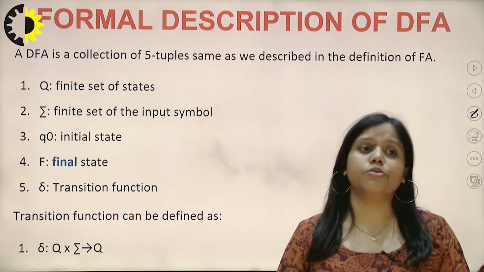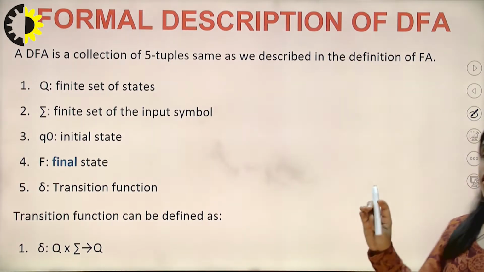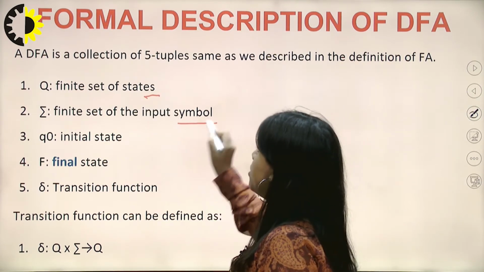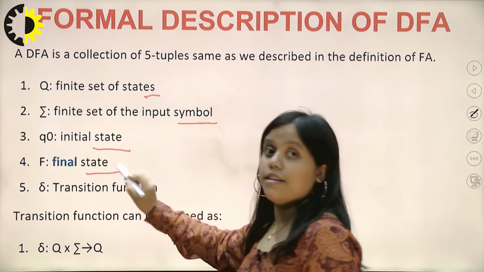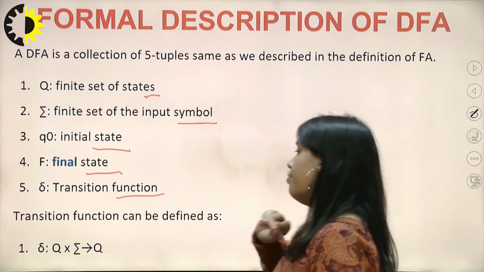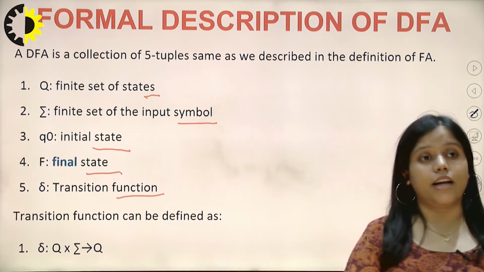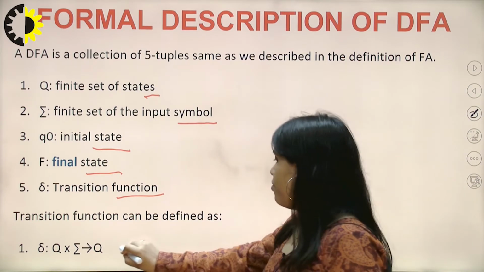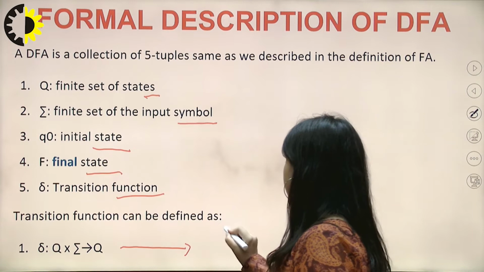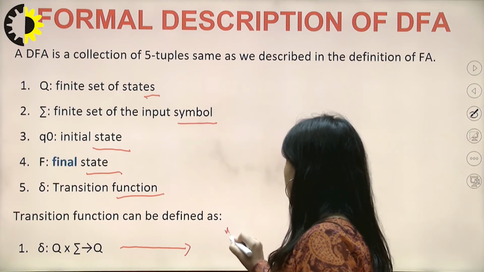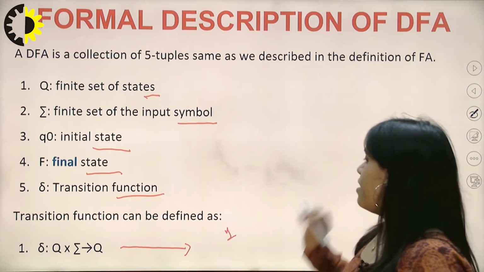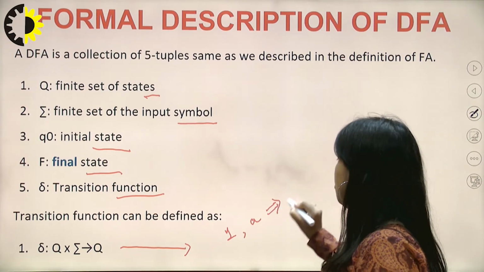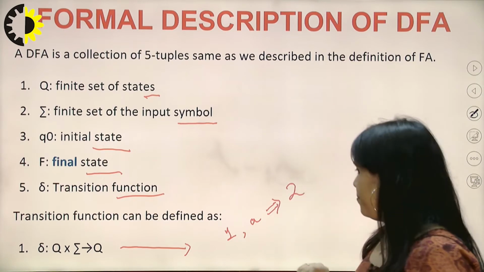So, the formal description of a DFA, as we can see, has a finite set of states Q, a finite set of input symbols, an initial state, the final state, and the transition function. The transition function declares that every state, say state 1, by taking a symbol from the finite set of input symbols, will produce another state.